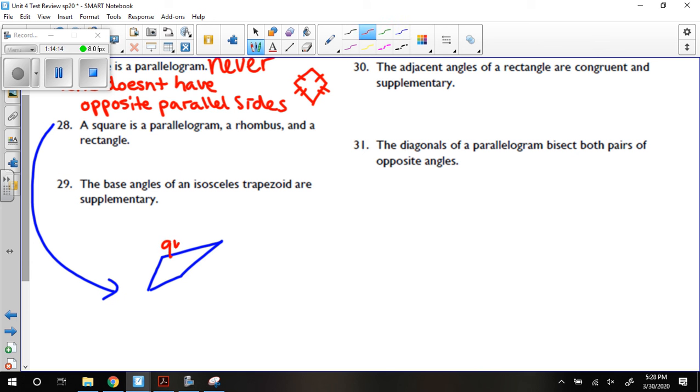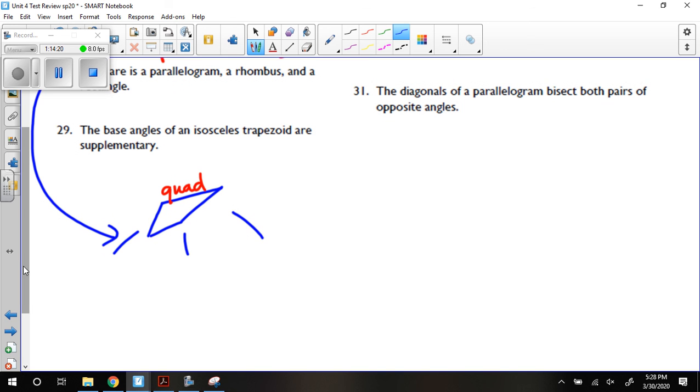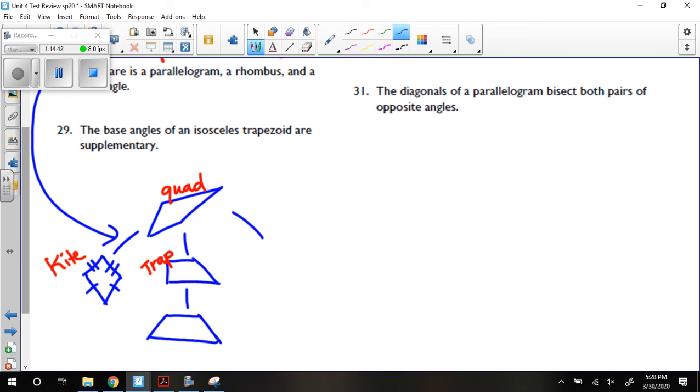So we had a quadrilateral up top, and it had 3 branches. The first branch went to a kite. The second branch went to a trapezoid and to an isosceles trapezoid.